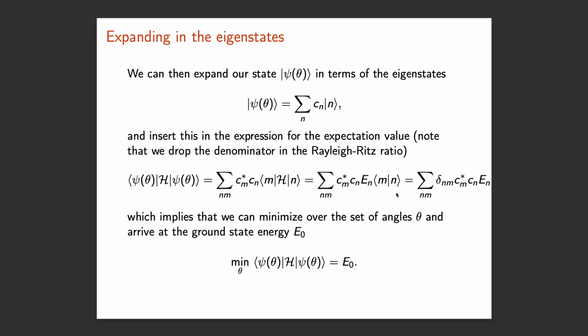And then, due to the orthogonality of these states, m and n, we simply get a Kronecker delta, and we have this ratio, this relation here. And I've dropped the denominator, because that would just add a denominator to this equation here. So that means that the optimization problem which we are going to deal with is the one which you see here.